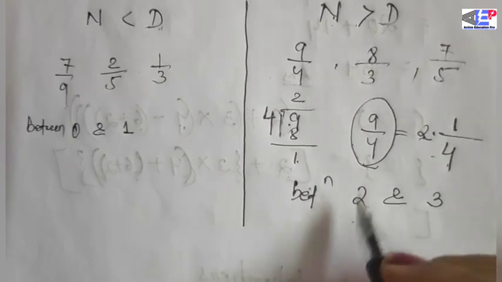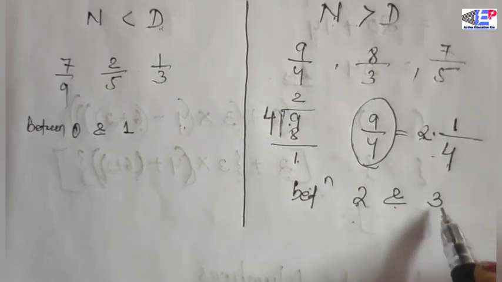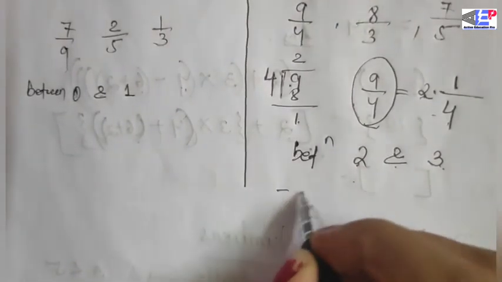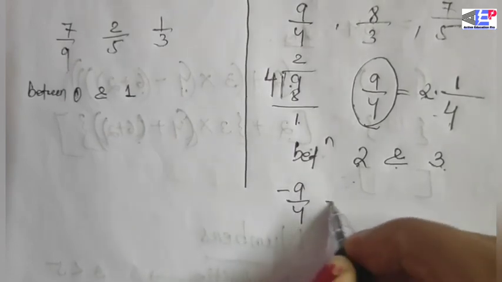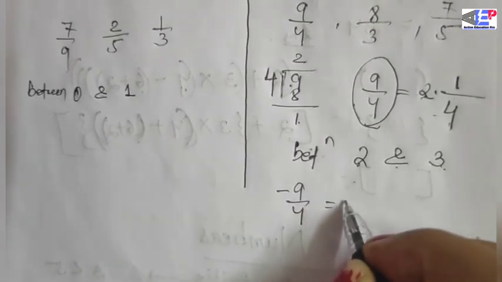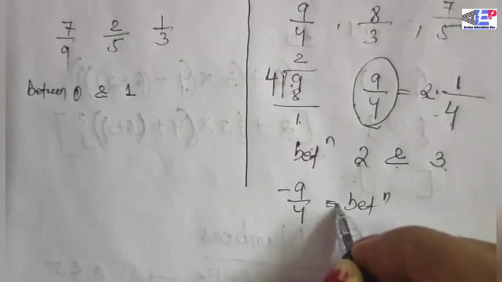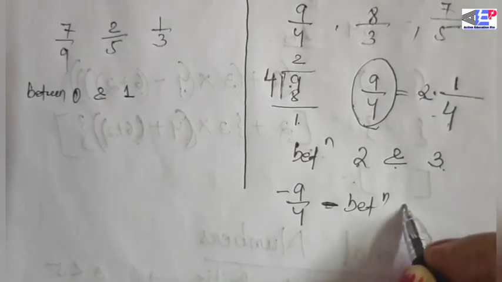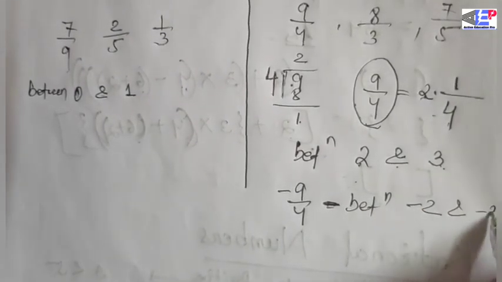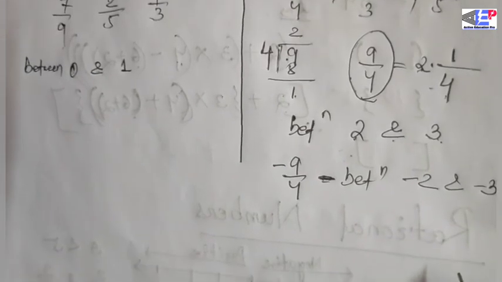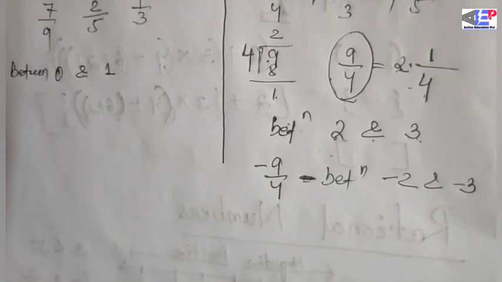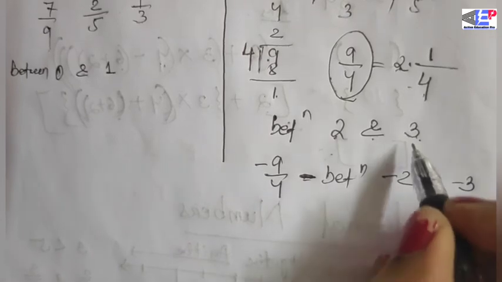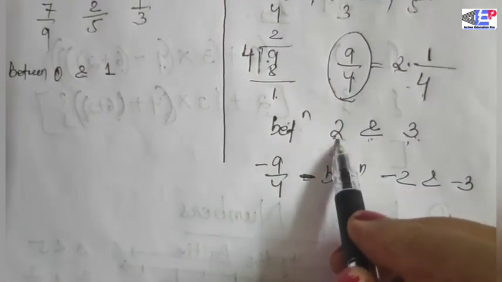Whole number and its next number, 2 and 3. Here if the number is minus 9 by 4, then the number is present between minus 2 and minus 3. When we move towards the right side, the next number will be 3. So the number is present between 2 and 3.